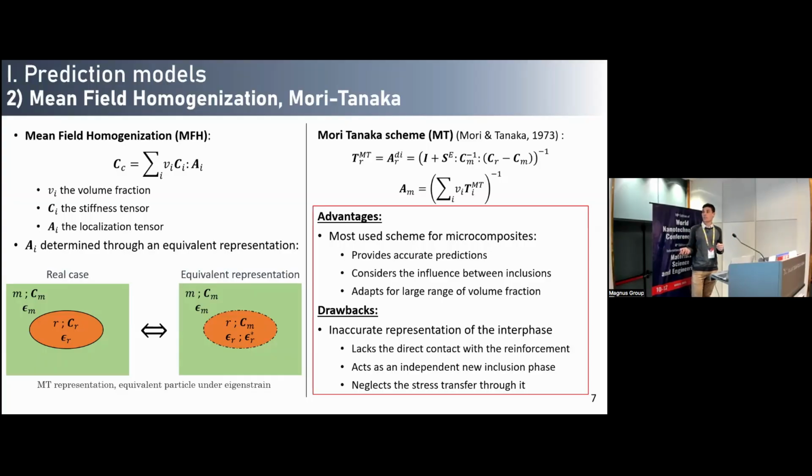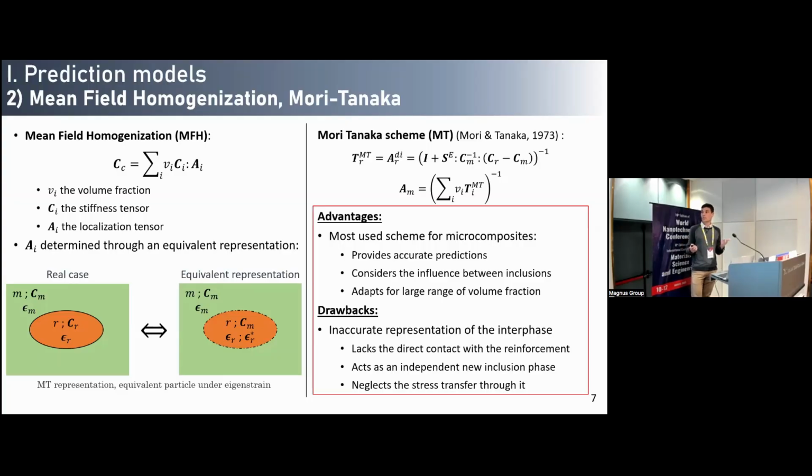Using this hypothesis, it's possible to find the global stiffness of the material depending on the volume fraction of each phase, the stiffness of each phase, and the localization tensor, so the strain localization tensor in each phase. This strain localization tensor will mostly depend on the shape of the inclusion.